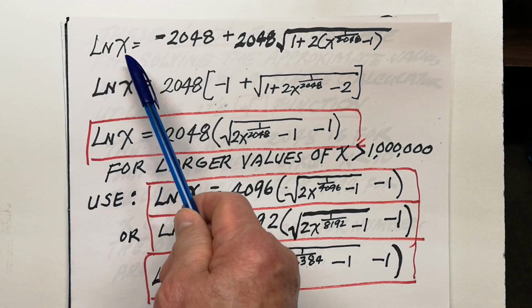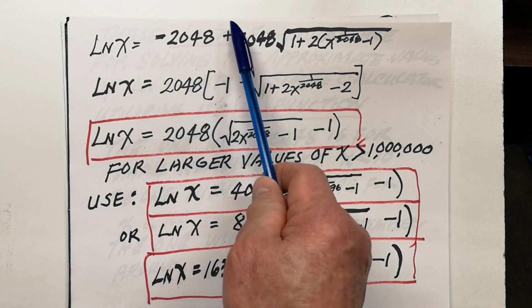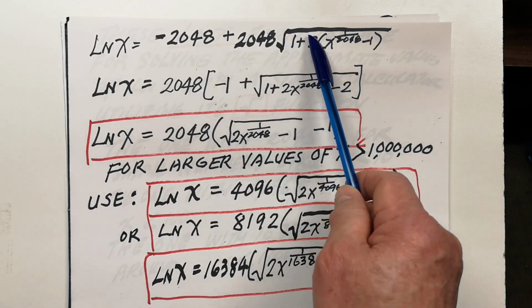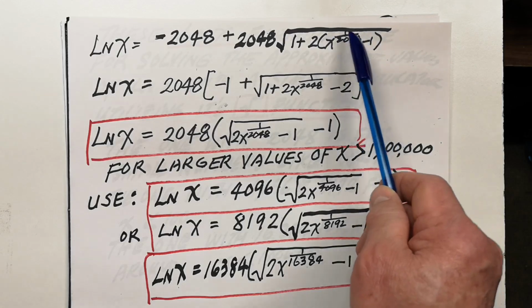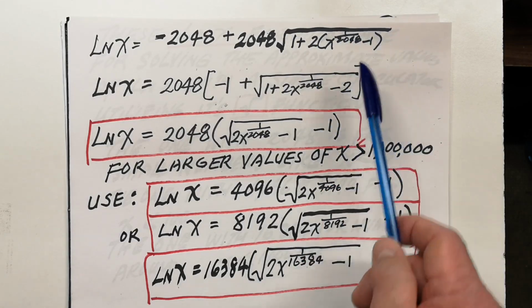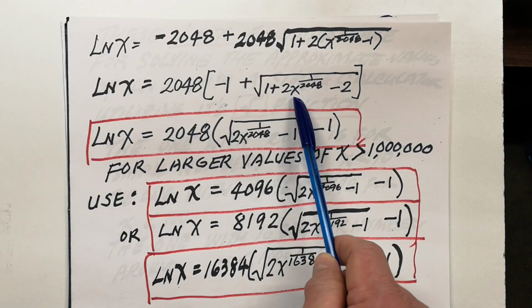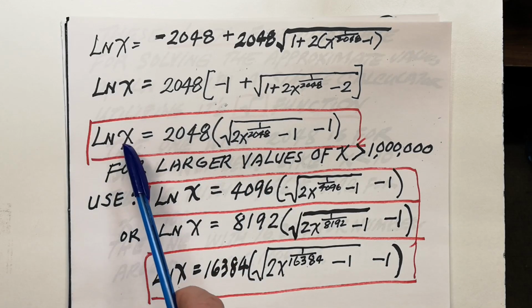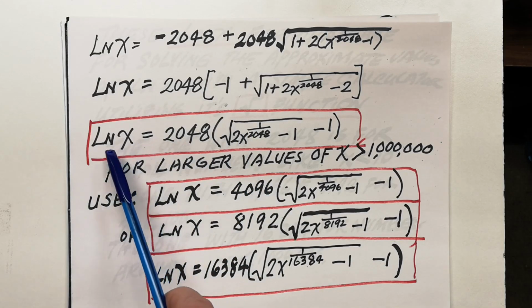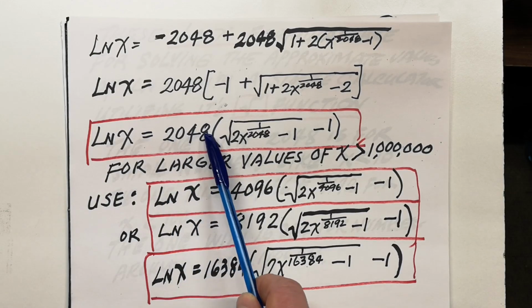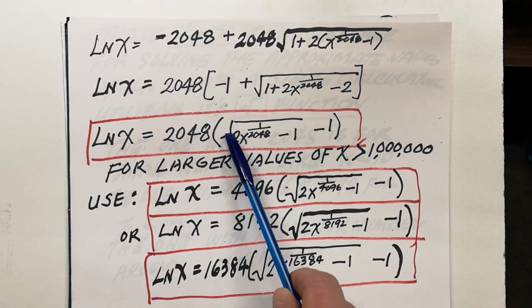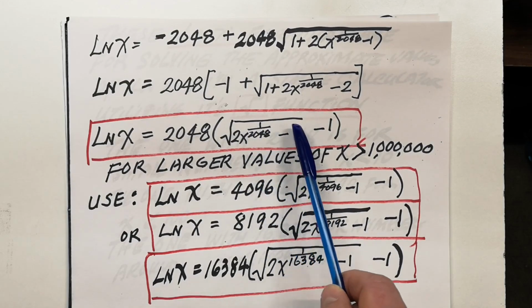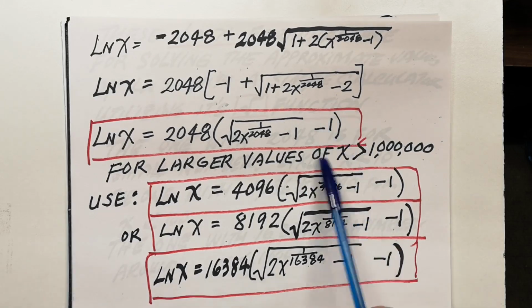So ln of x is equal to negative 2048 plus 2048 times square root of 1 plus 2 times x raised to the 1 over 2048 minus 1. Expanding inside, you'll have 1 plus 2 x 1 over 2048 minus 2. And the final simplification will be ln of x equals 2048 multiplied by quantity square root of 2x raised to the 1 over 2048 minus 1 and then minus 1.